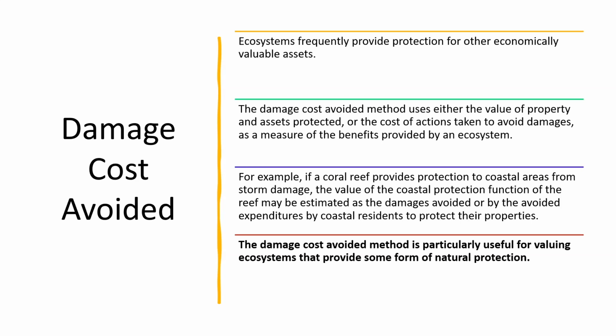You understand? So we could look back and say, based on the costs, I think in the first class, we looked at the impact of some storms on GDP. Based on the impact of those storms and the amount of money it costs the country, we could safely say that the value of our coral reefs are the cost that we incurred as a result of the storm surge damage.